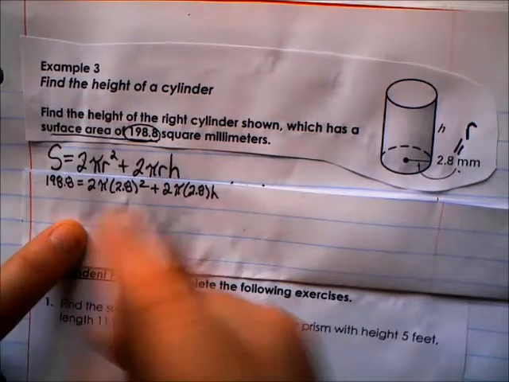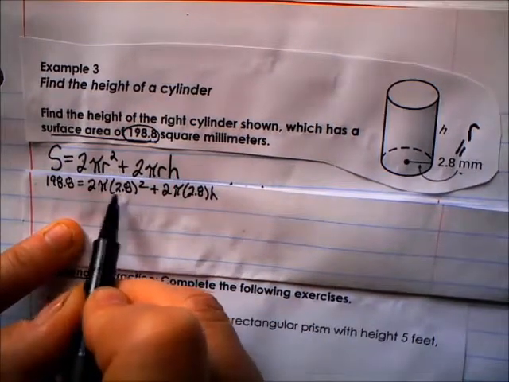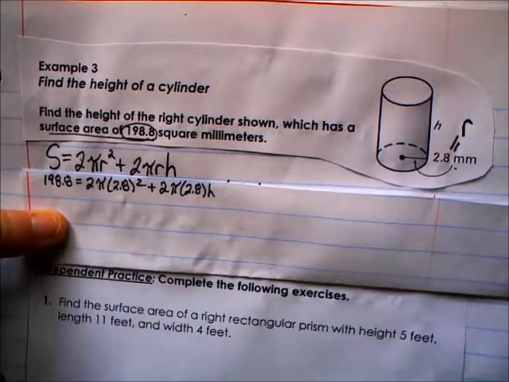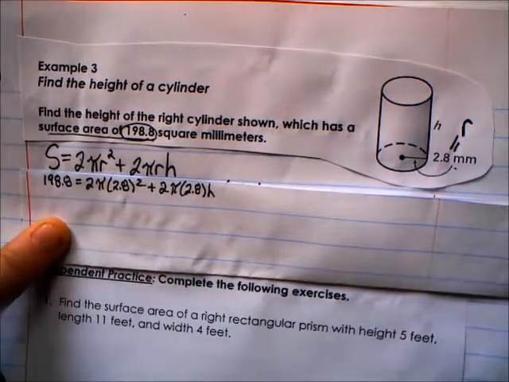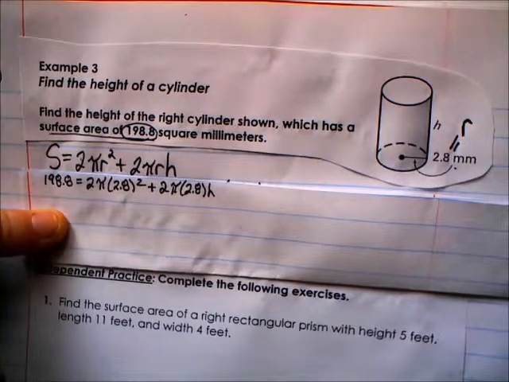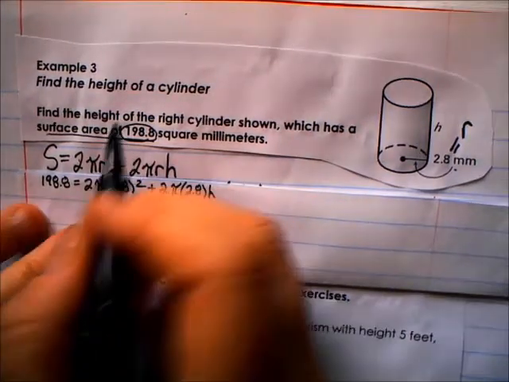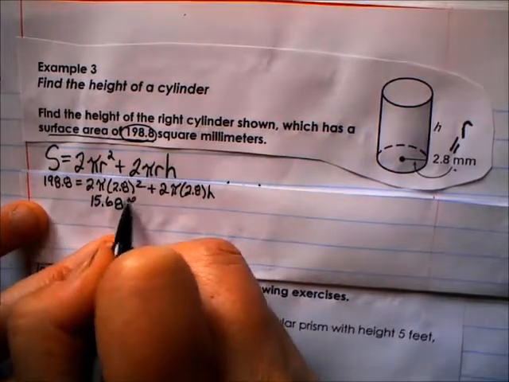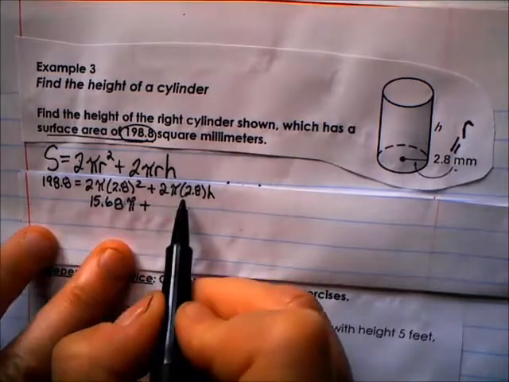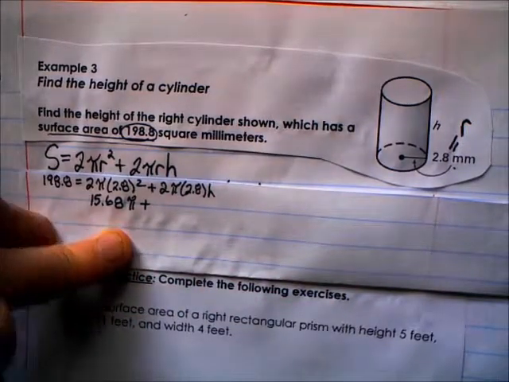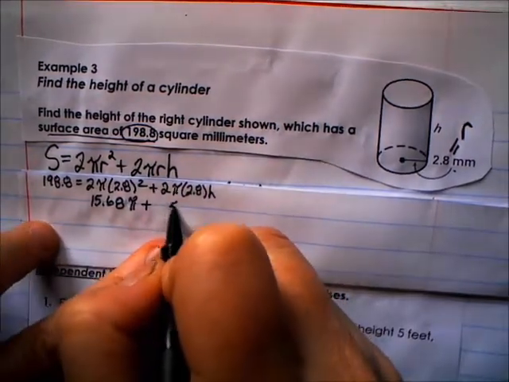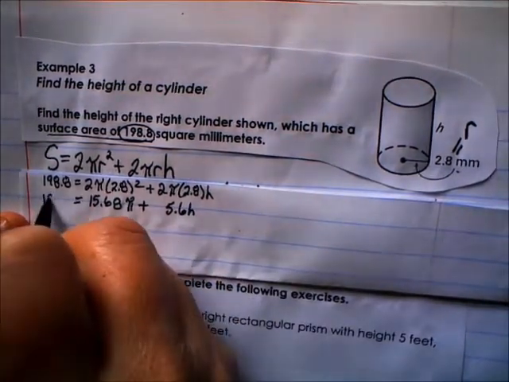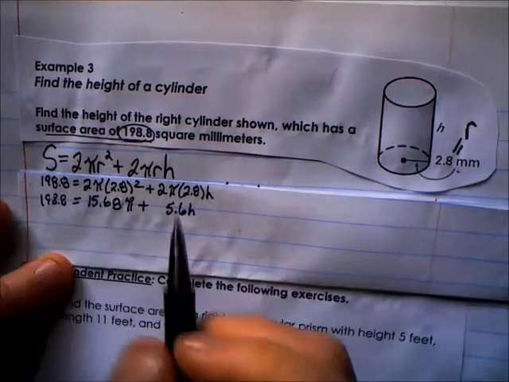So I'm going to simplify this first part of my equation, and I'm going to type in 2 times 2.8 squared, and see that this comes out to 15.68 pi plus, and then 2 times 2.8 comes out to 5.6 h here. And this is still equal to 198.8.